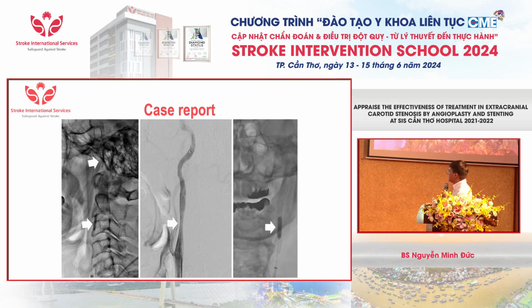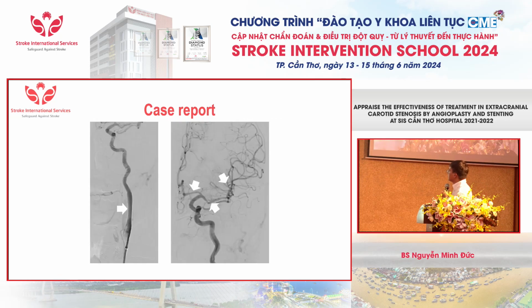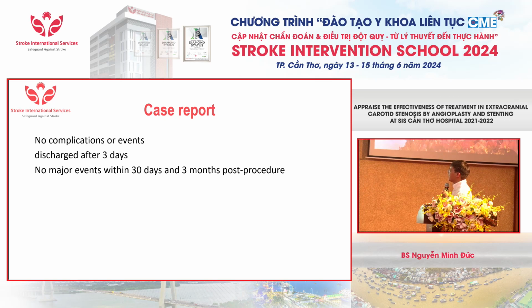After that, we did stenting and post-stenting angioplasty. This is the result. There was no complication or event. The patient was discharged after 3 days, with no major event within 1 month or 3 months after the procedure.